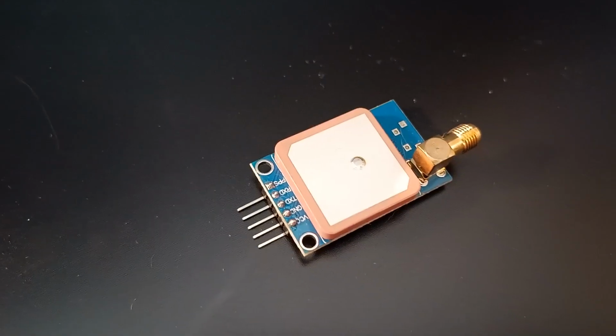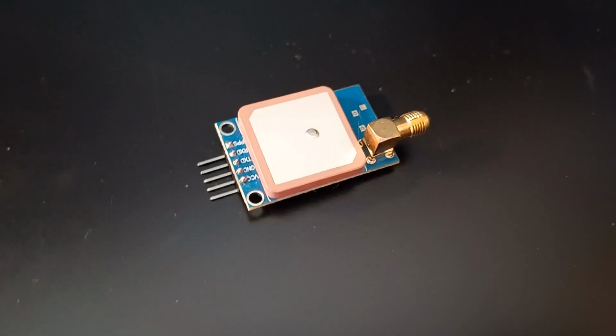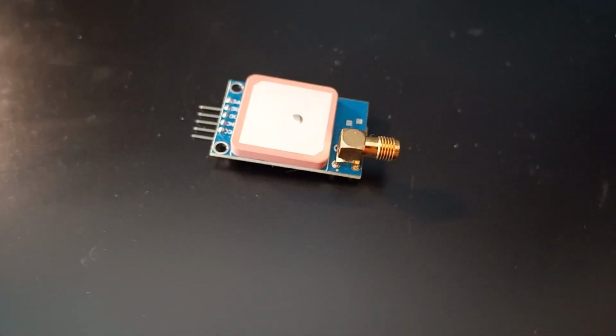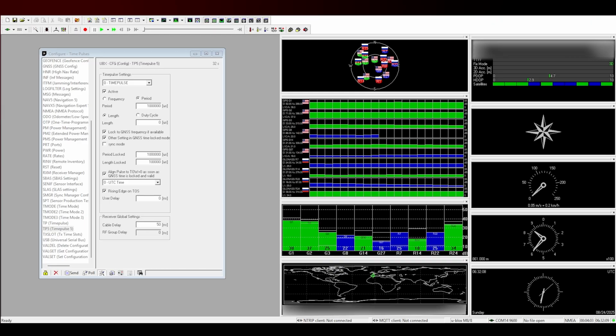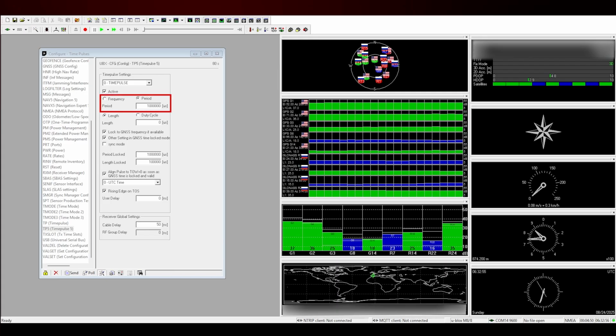This little device receives data from the GPS and GLONASS network of satellites and generates, apart from a precise geological position, a very good PPS, which stands for pulses per second. And normally, when referring to a PPS, we'll be talking about a 1 Hz signal. The frequency and duty cycle of this signal can be configured, but 1 Hz square is good enough for now.